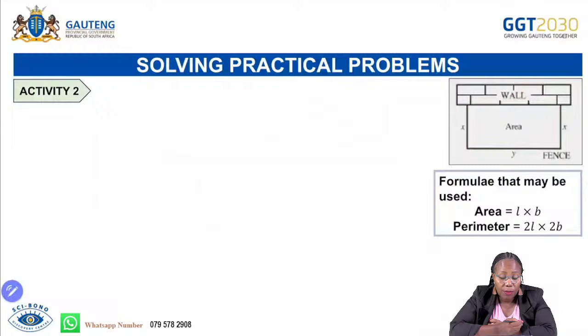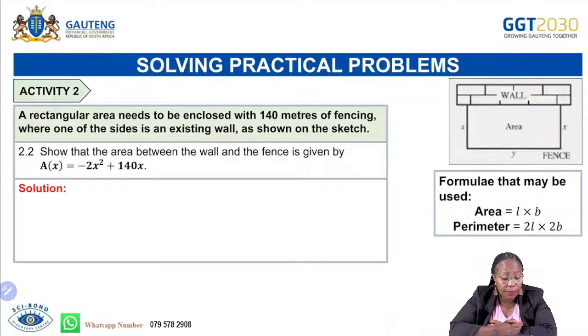Okay, moving on to the next question. A rectangular area, we are still using that 140 meter fencing. Remember, we have just calculated that this length is equal to 140 minus 2x, and the breadth is equal to x there.